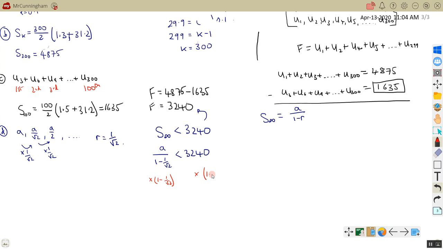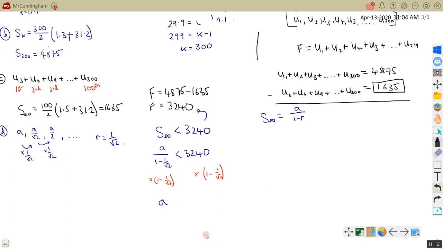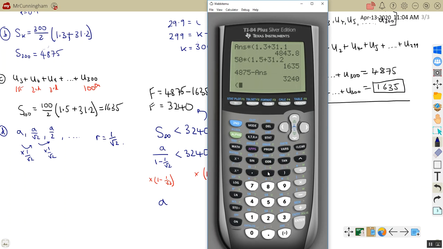When I do that, I get a on this side and on the other side, 1 minus 1 over root 2, multiplied by 3240.